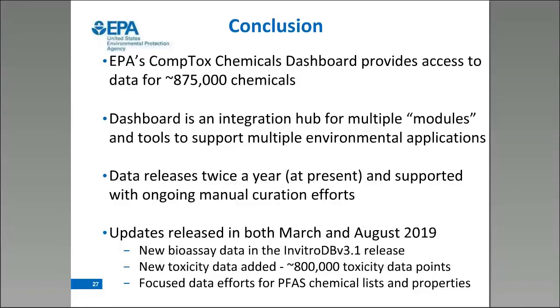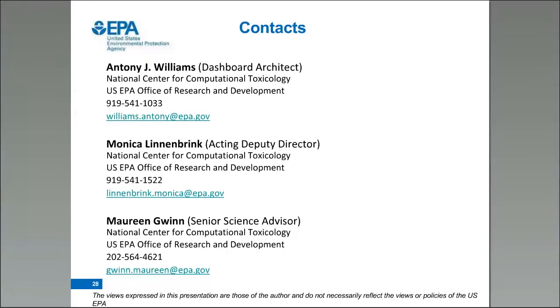Updates were released in both March and August of 2019. I focused on some of the March ones, but some of those are also shown here. But the new bioactivity data was August of 2019, the DB version 3.1. And then additional toxicity data and focus data efforts on the PFAS chemical list and properties.